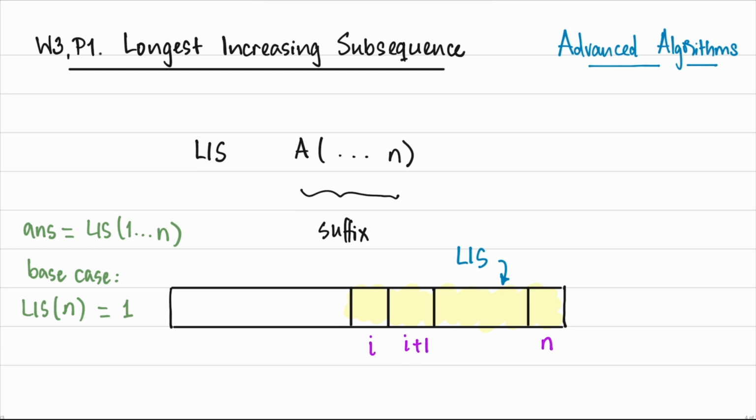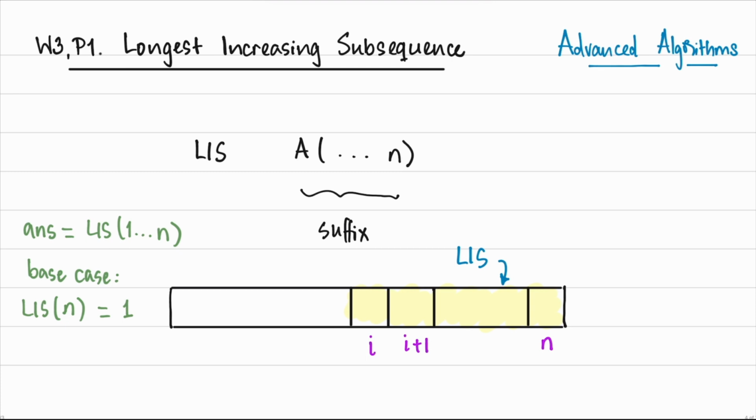So when you're thinking about recurrences, you assume that you have managed to compute the solution for all the smaller subproblems in question. Okay, so if you give me any shorter suffix of the array, right?